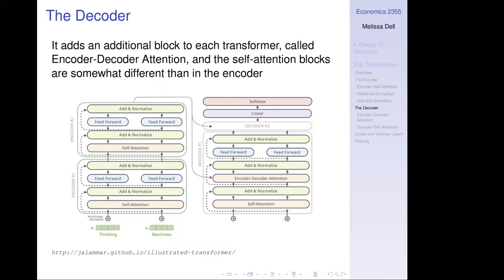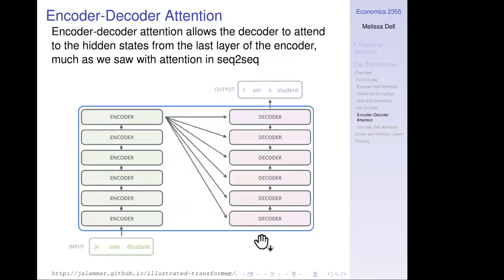The other thing that's different is that the self-attention blocks are going to be somewhat different than they are in the encoder. Encoder-decoder attention allows the decoder blocks to attend to the hidden states from the last layer of the encoder, which is analogous to the attention that we saw in seq-to-seq at the beginning.